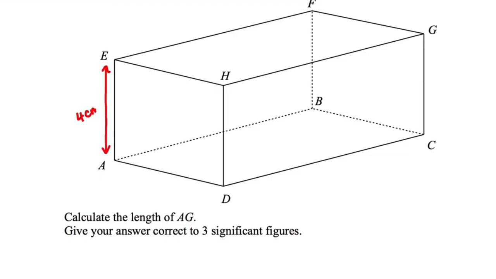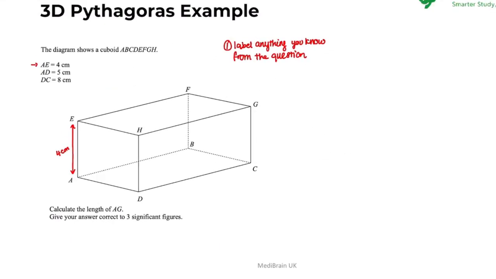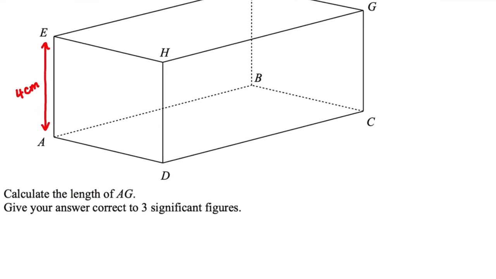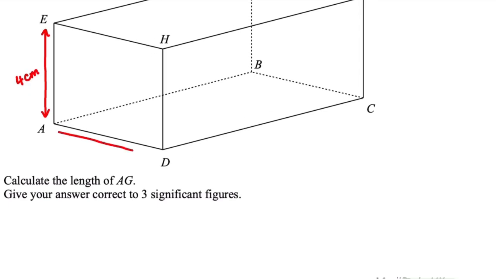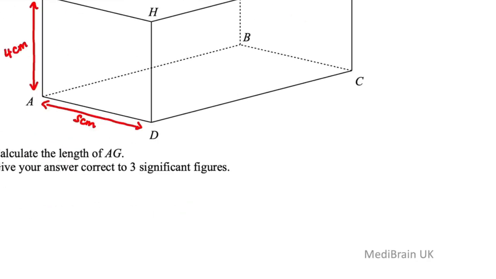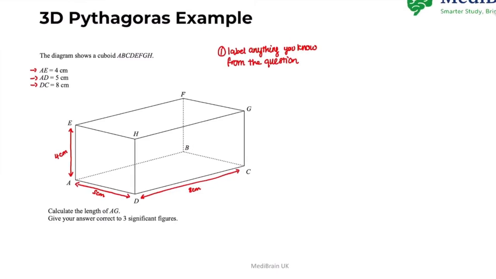So we're going to label that as 4 centimeters. We know that AD is 5 centimeters. So we know that this length over here is 5 centimeters. And we know that DC is 8 centimeters. So we know that this length over here is 8 centimeters. So we've just labeled that on our diagram.